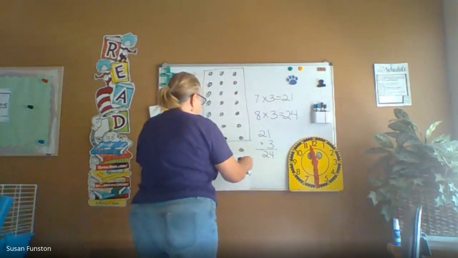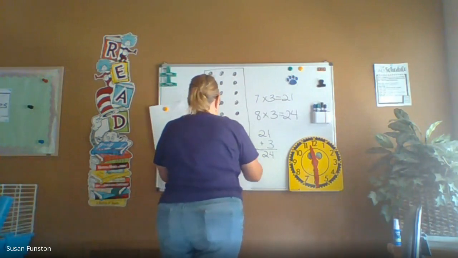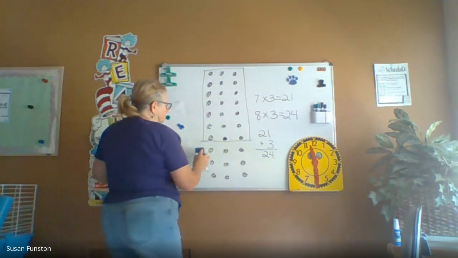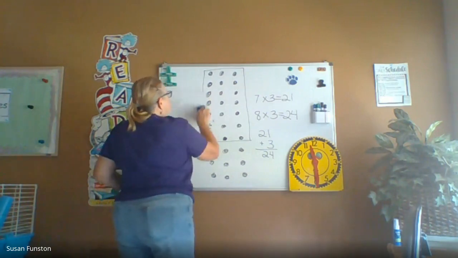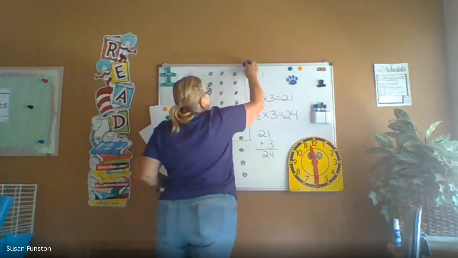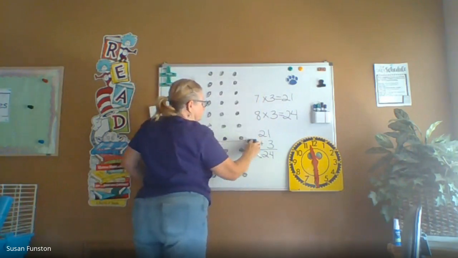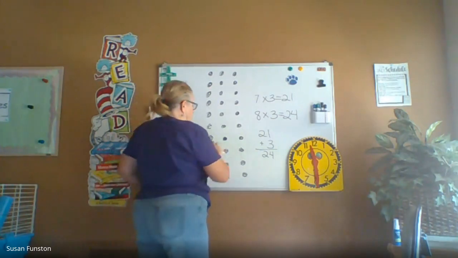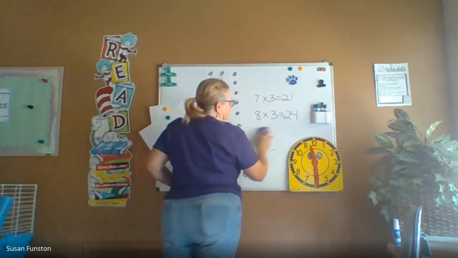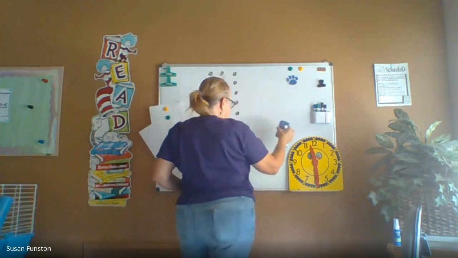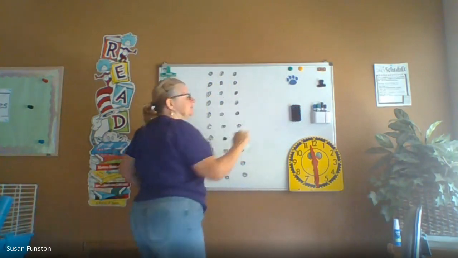Okay, let's continue to use this array. Now, we're going to do it backwards. So let me erase this. And I said that I like 5s because they're easy for me to use. What else is really easy to skip count by? What's easy for you? For me, my next favorite one is the 10s.